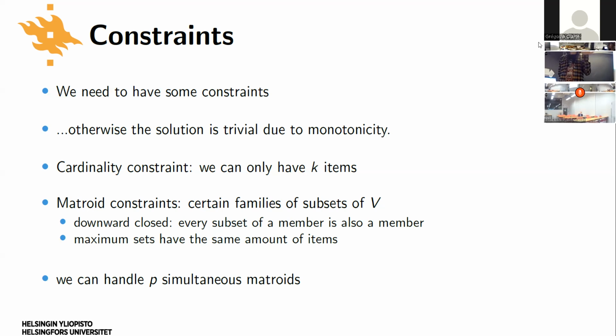The second property, this is not the definition, but this is how you can think about it, is that all the maximal sets have the same number of items. That's not the definition of a matroid, it's a little bit more strict, but that's one of the main characteristics of matroids.